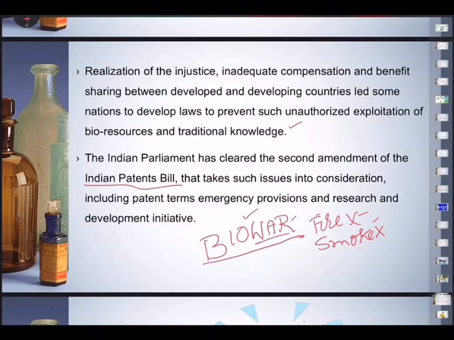The potential pathogens for bioweapons that are already identified are Bacillus anthracis, Vibrio cholerae, smallpox virus, Pasteurella pestis, Yersinia pestis, and of course the most dangerous one, botulinum toxin.